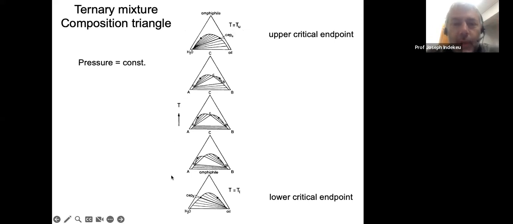So varying temperature across thermodynamic space here, we encounter 3-phase coexistence and explore 3-phase coexistence between 2 limits, between 2 critical endpoint states, called upper and lower critical endpoint. So this is what can be achieved, for example, by varying one of the thermodynamic fields. Okay.